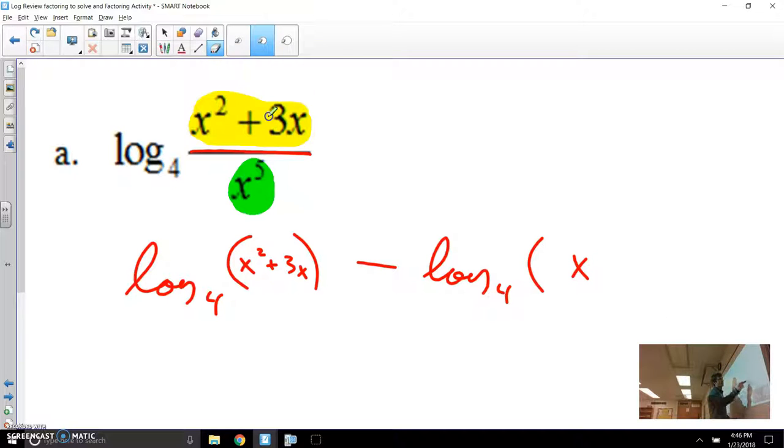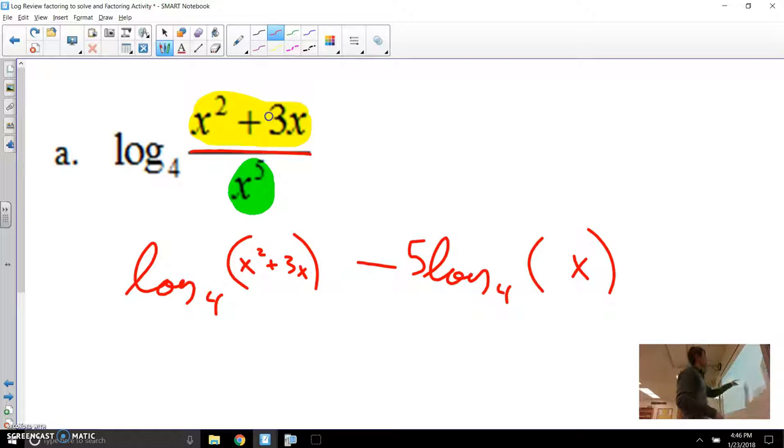I could take that 5 and put it here. Okay, and that's called that swing rule, I call it, where basically you can put a power out front as a coefficient. Now, to be honest, there probably is something that I could do here, because this is what we call factorable. Okay, one way that I could write that is x times x plus 3. So again, see what I've changed it to is a form of multiplication.